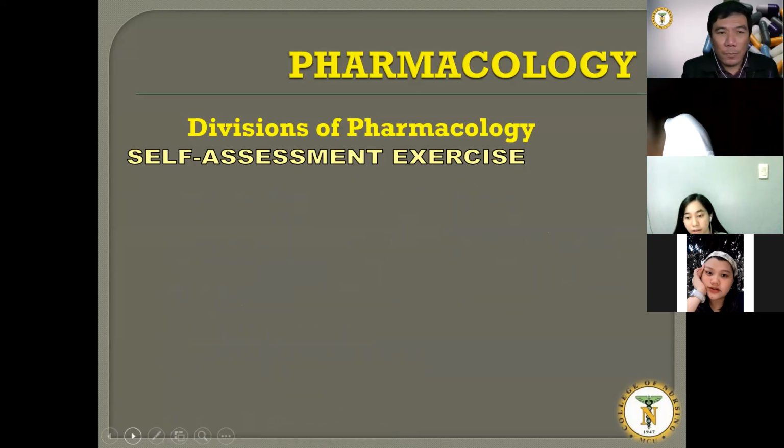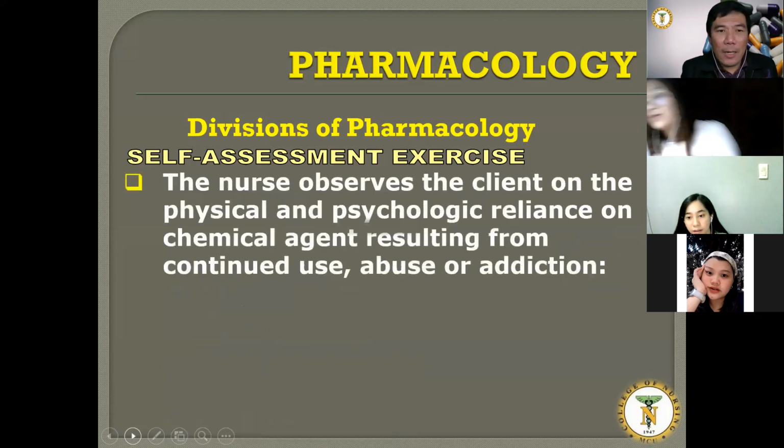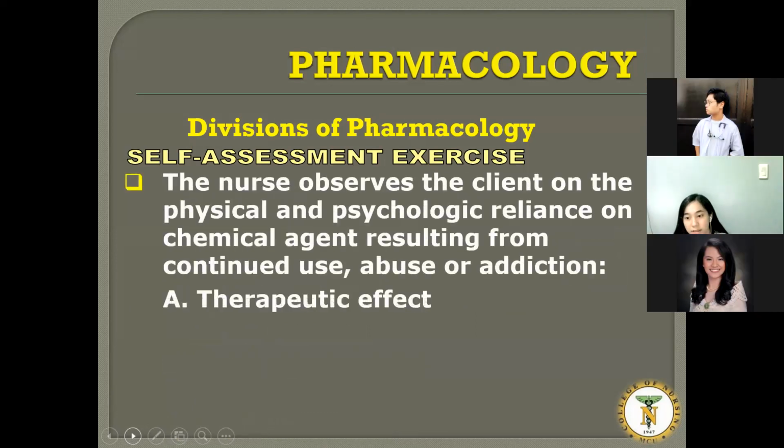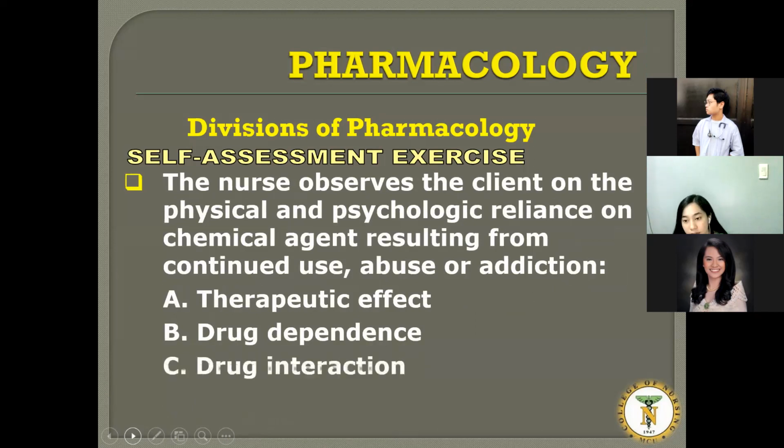Next question. The nurse observes the client on the physical and psychologic reliance on the chemical agent resulting from continuous abuse or addiction: therapeutic, drug dependence, drug interaction, desired effect. In the first part of the question, you mentioned reliance.